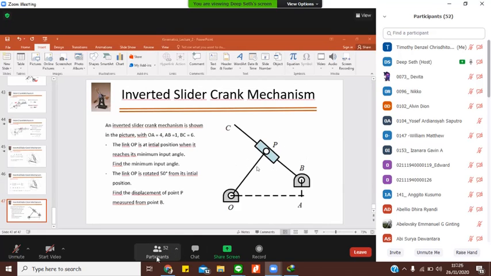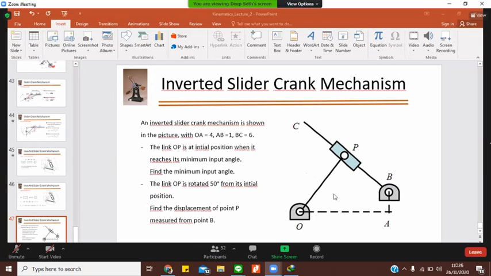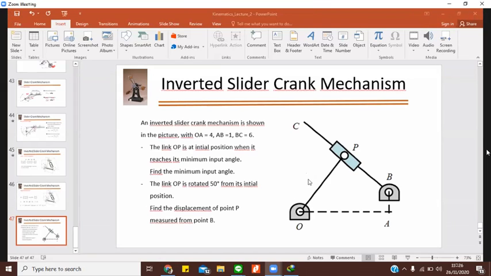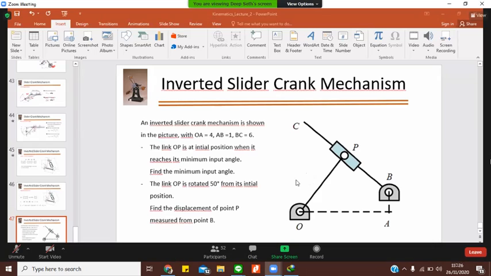But this is not an assignment. Just try it by yourself, and we will see how to solve it in the next lecture. You just have to use the vector loop or algebraic analysis, and you can find the things that are asked here.